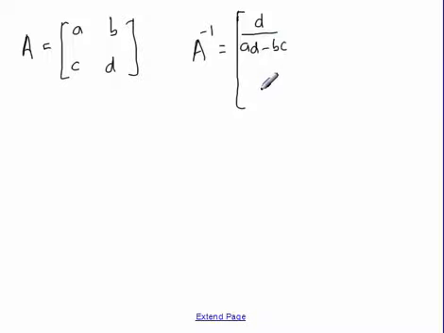And Y? Minus C over AD minus BC. And then U, minus B over AD minus BC.